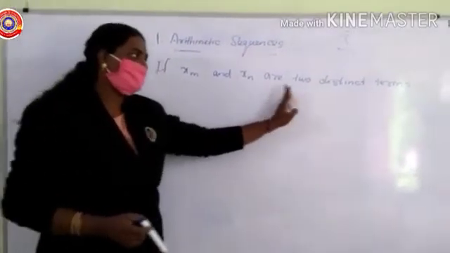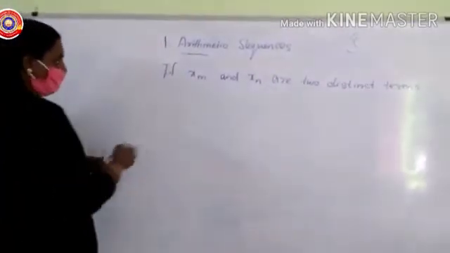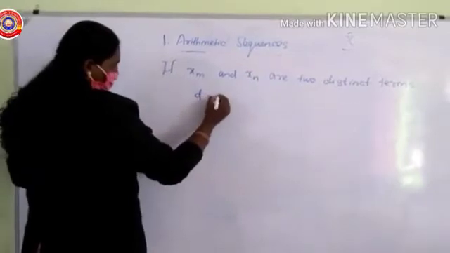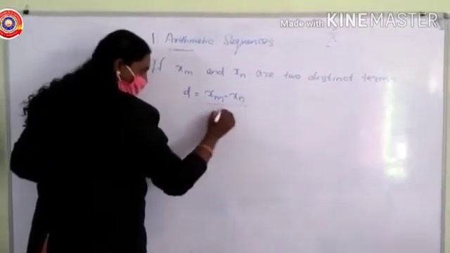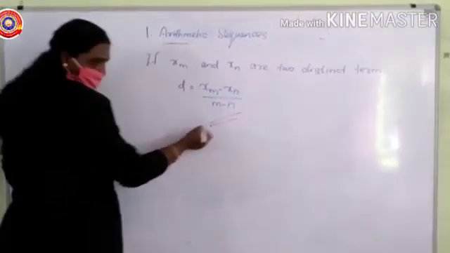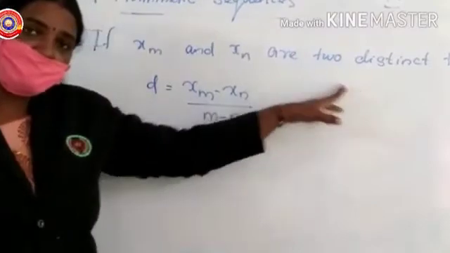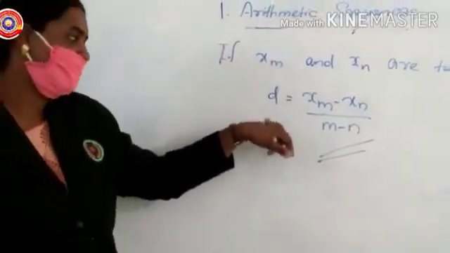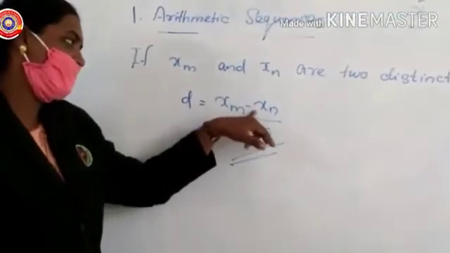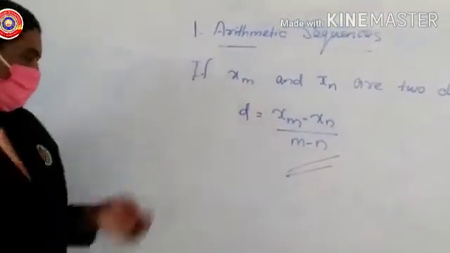If xm and xn are two distinct terms of an arithmetic sequence, then the common difference d equal to xm minus xn divided by m minus n. Once again, d equal to term difference by position difference. Is it clear for you?